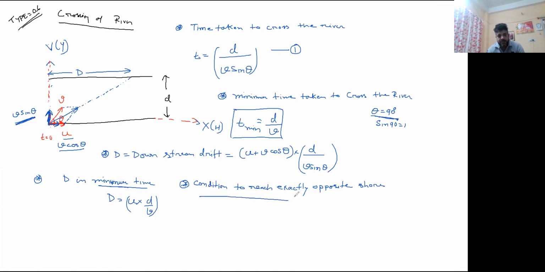Condition to reach exactly opposite shore. Anyone tell me what is the condition so that the swimmer or the boat reaches exactly the opposite shore? What condition can you imagine? What can you do for that?